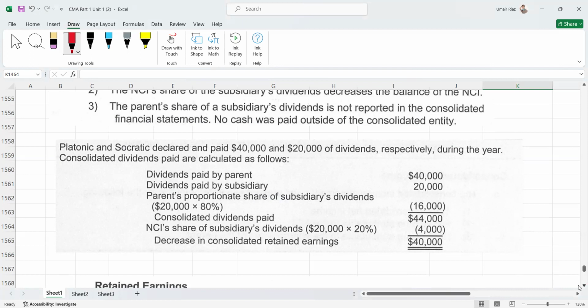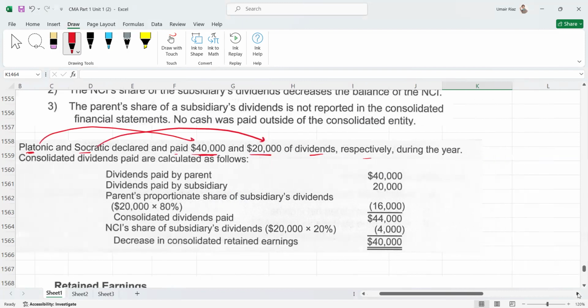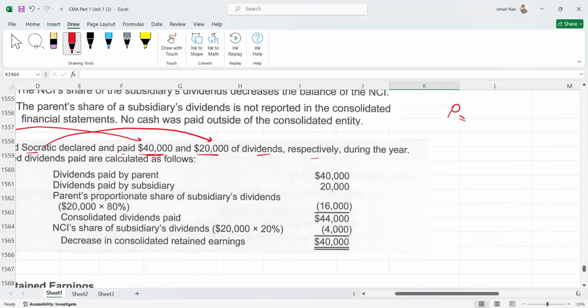So let's assume P and S. P is the parent, S is the subsidiary, and they declared and paid 40,000 and 20,000 of dividend respectively. This 40,000 dividend is paid by P, and this 20,000 dividend is paid by S. Obviously, the parent has given a dividend of 40,000 to outsiders, to its shareholders. The subsidiary has given a dividend of 20,000.